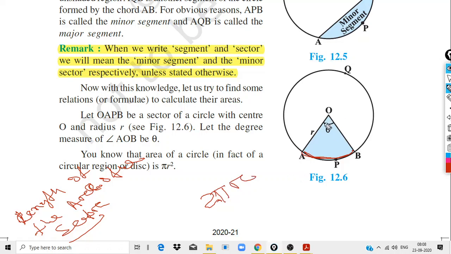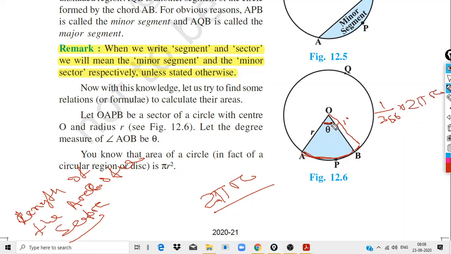If you want to find the 1 degree part arc, suppose this angle is 1 degree, then the complete angle is 360. For the 1 degree part, you will find 1 by 360 into 2 pi r.